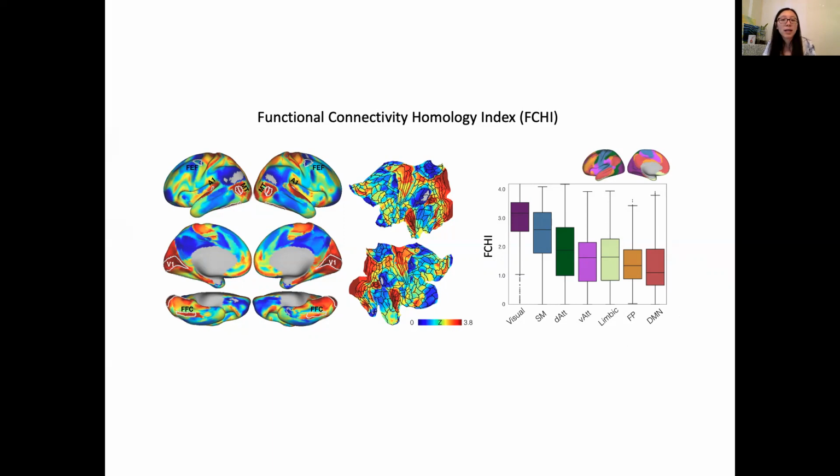At the network level, we find the homology index follows a hierarchy: primary networks show high similarity, while the higher-order social cortex, like the frontoparietal and default mode networks, shows low similarity.